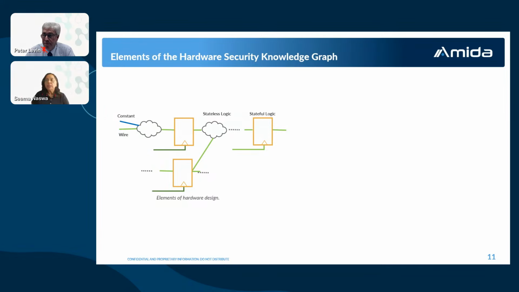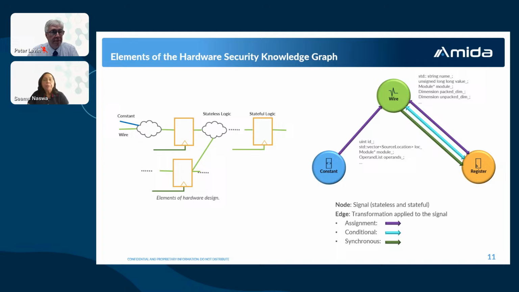With these two groups of elements connected by signals, this is your typical RTL design. But even for a small hierarchy of this design, the connections can become complex and non-intuitive. It becomes very hard to trace the signals or analyze their vulnerabilities. So what we do here is transform this design into a knowledge graph.